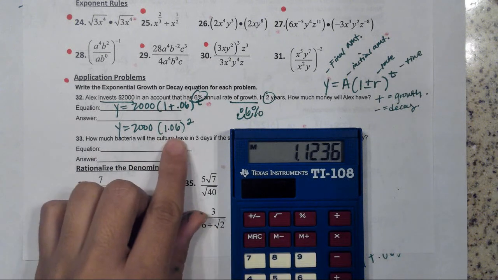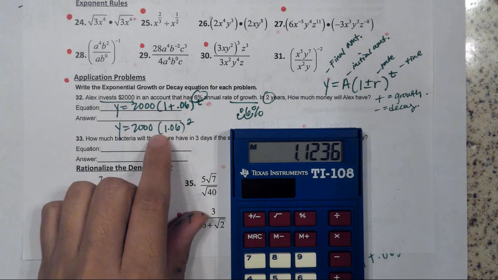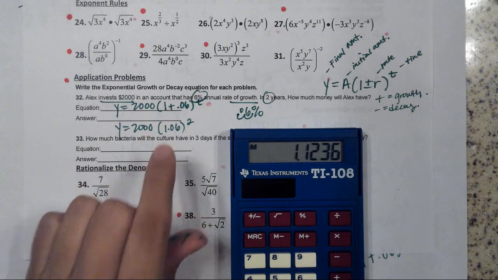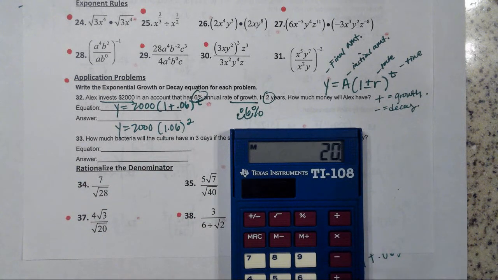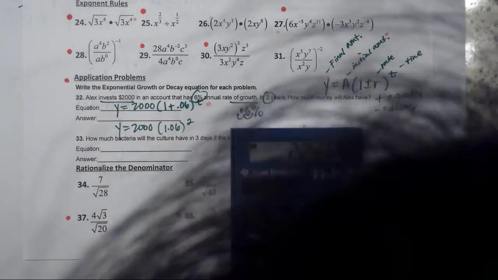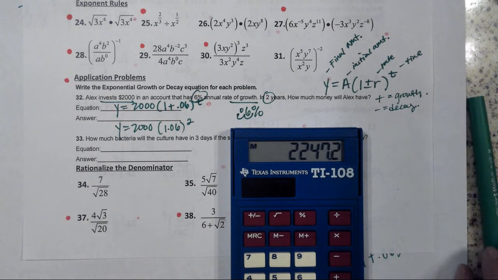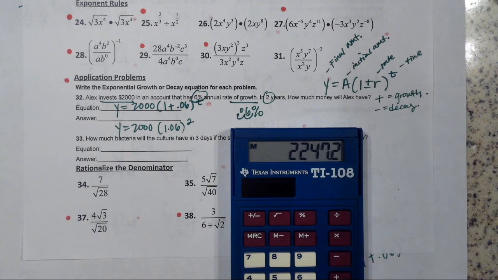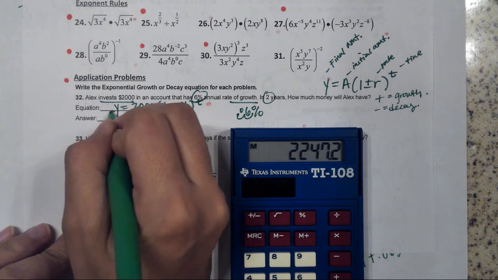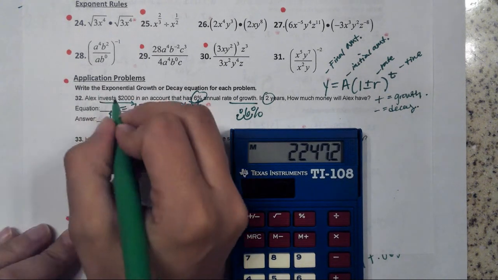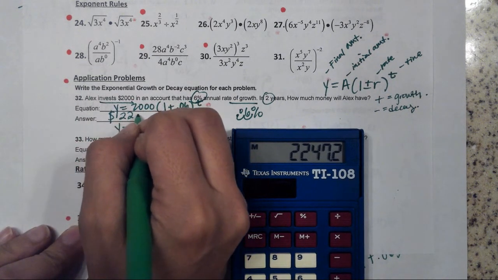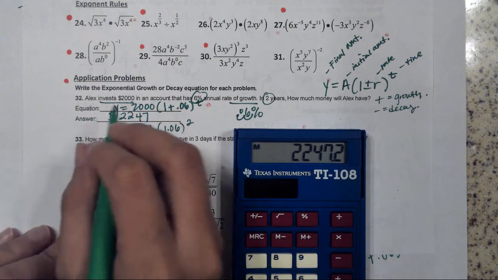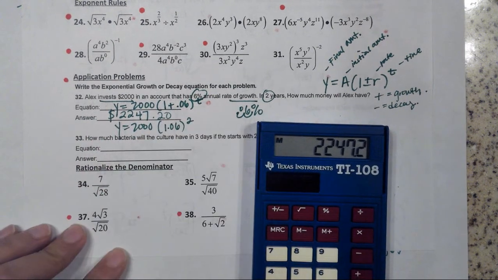And then the last thing I need to do is multiply my answer by 2,000. This is money, so my final answer is going to be $2,247.20. There we go.